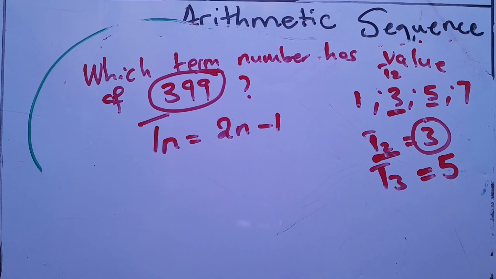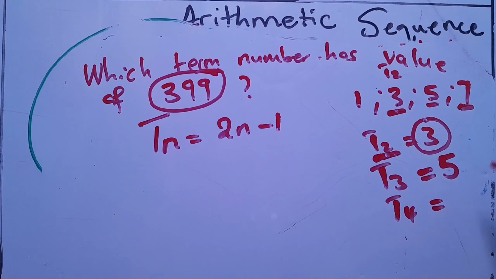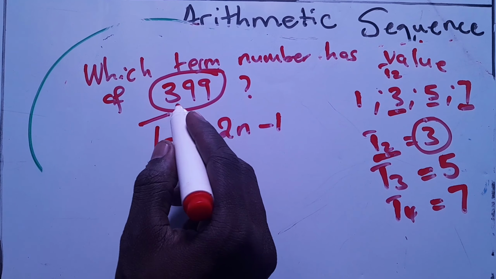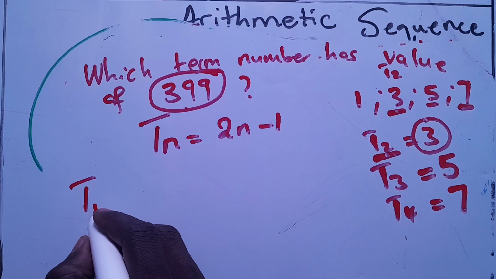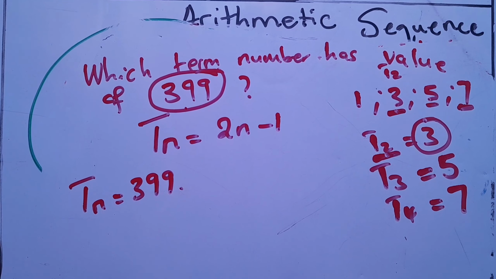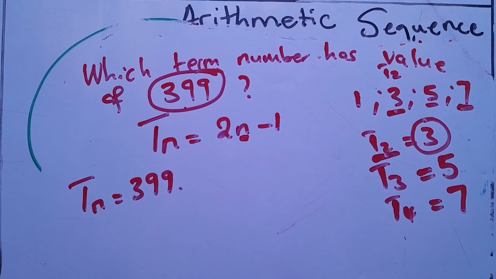It is 5. And when we move, this is T4. And what is the value? The value is 7. So right now we are having the value, but we don't have the term number, but its value is 399. So it means that now we need the term number.